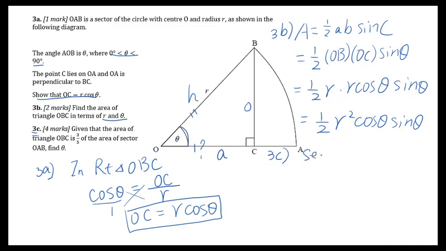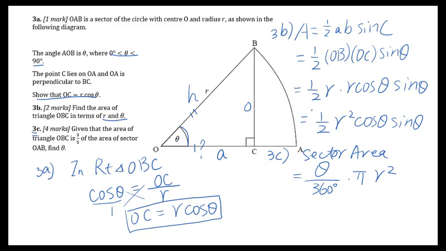So for the sector area, that equals theta over 360 degrees times pi r squared. So pi r, that's OB. So I just write down pi r squared.